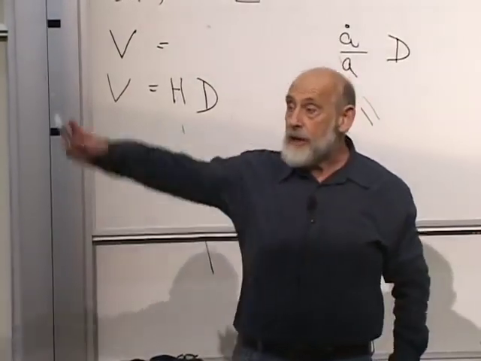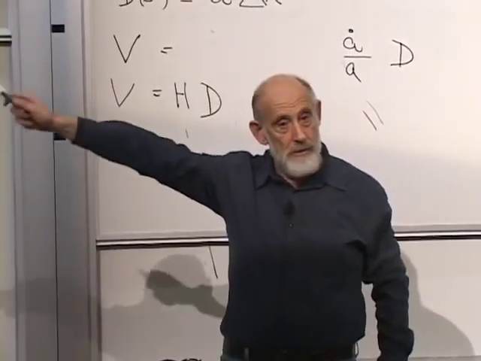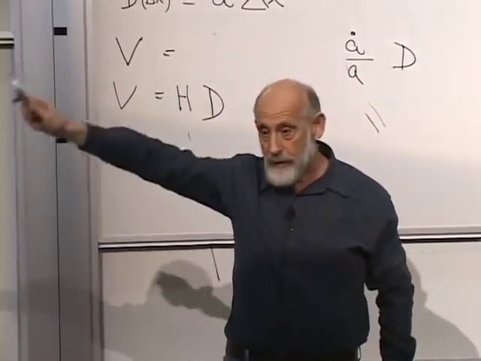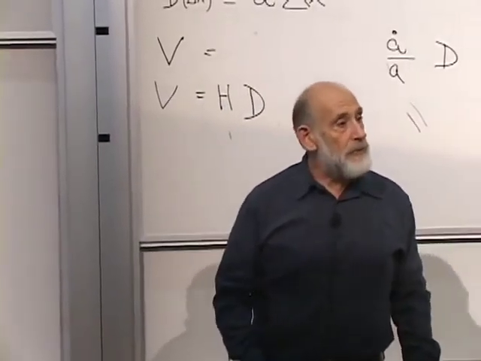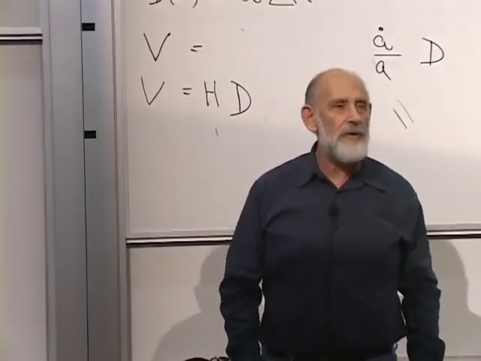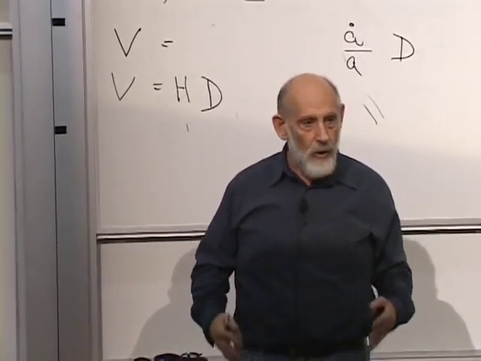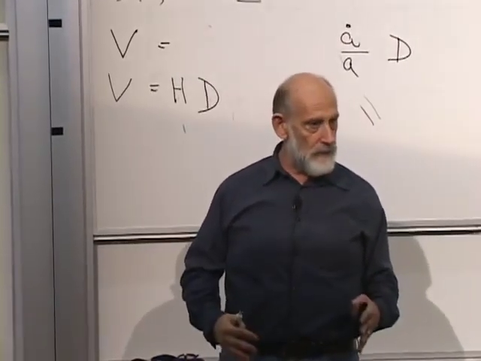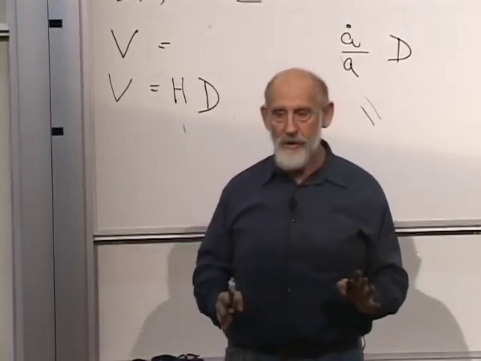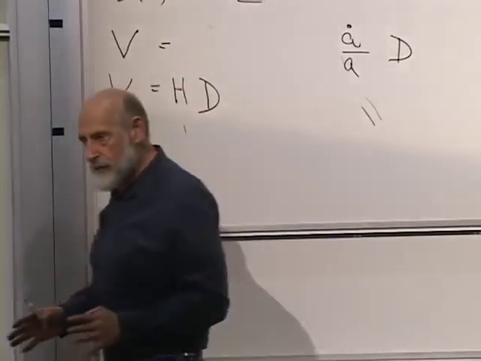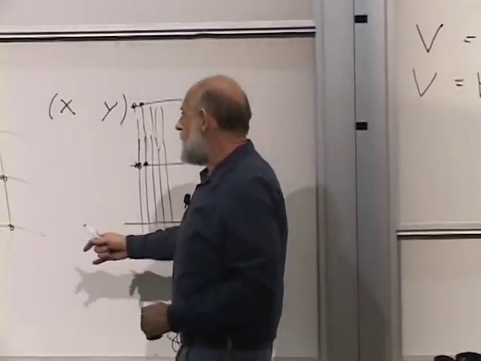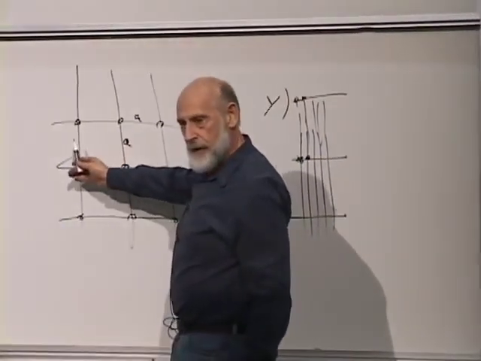We see the same distribution of galaxies pretty much in every direction in the sky. There's a principle involved. It's not a principle. It's actually just a name for that fact. It is called the isotropy of the universe. 2 basic names. The homogeneity of the universe. That means everywhere is the same.